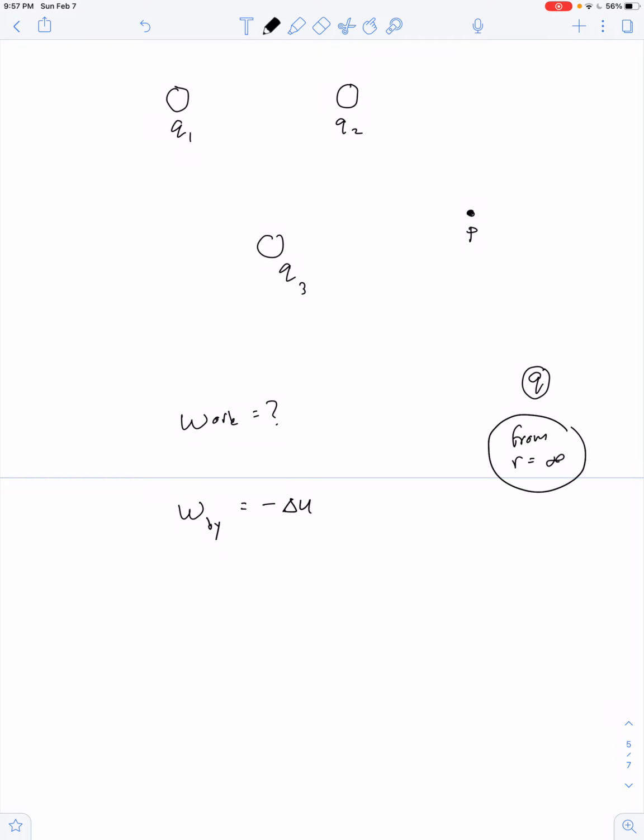Of course, because I said I'm starting from r equals infinity, that implies from a point where the electric potential energy would be equal to 0 to some other point, right?